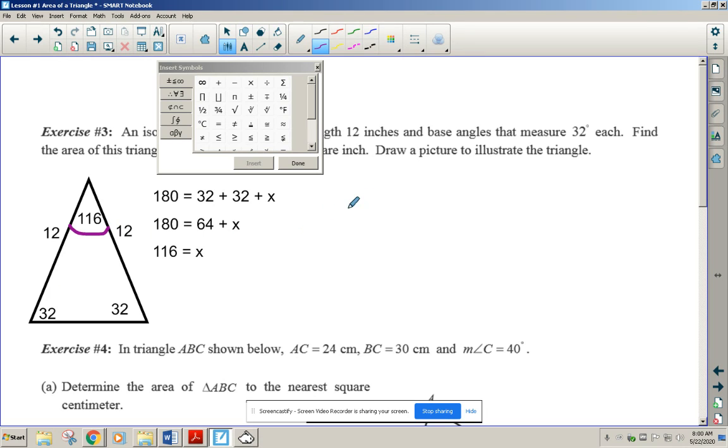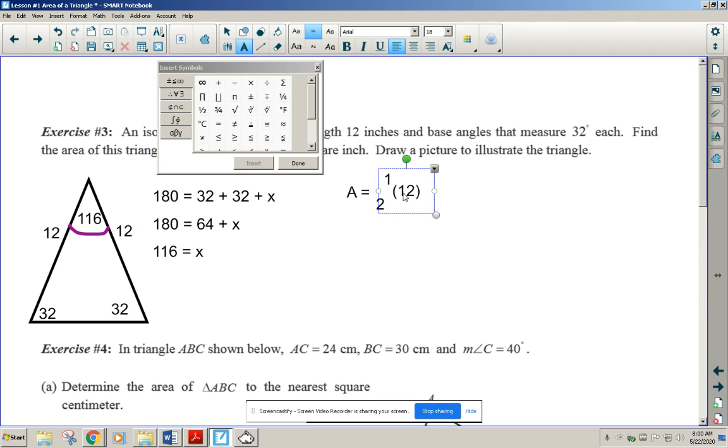So now when I find the area of this problem, my area is going to equal 1/2, and I'm going to have 12 times 12 times the sine of 116 degrees.